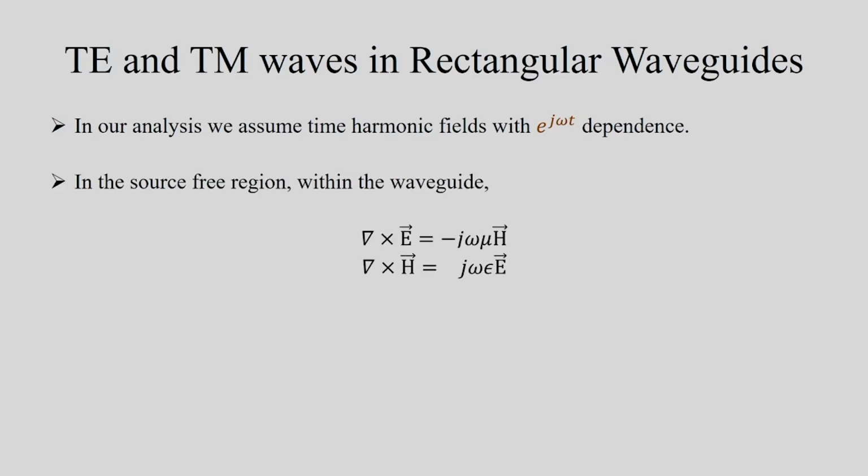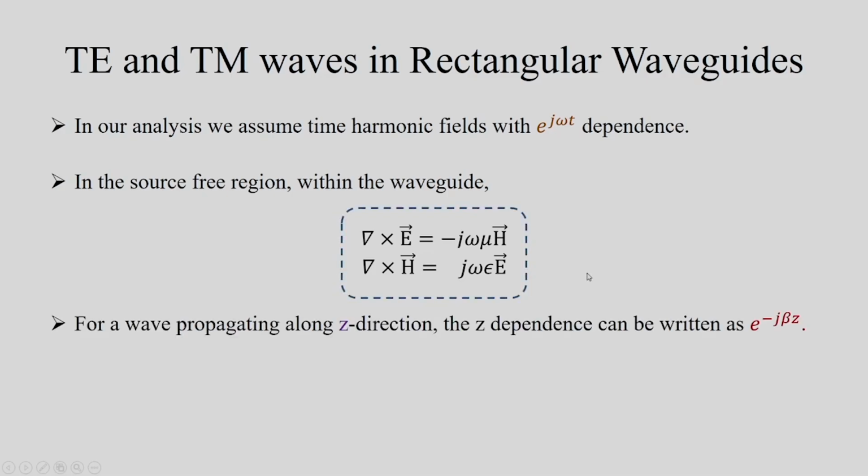And if we consider the source free region within the waveguide, we can write the following Maxwell's curl equations. We further assume that for a wave propagating in the z direction, the z dependence can be written of the form e to the power minus j beta z.